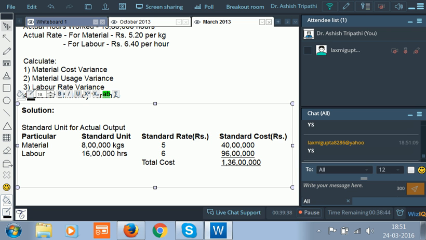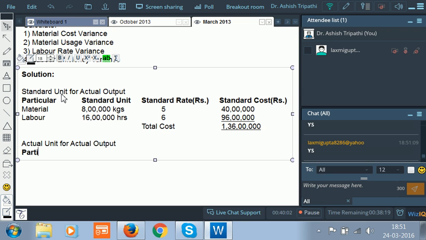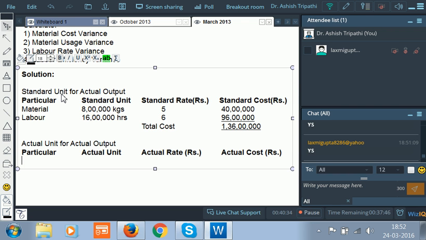Now let us prepare actual unit for actual output. The table for actual unit: particular, actual unit, actual rate, which will be in rupees, actual cost, which will again be in rupees.